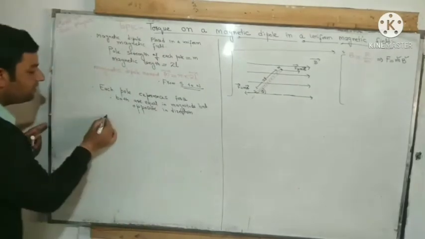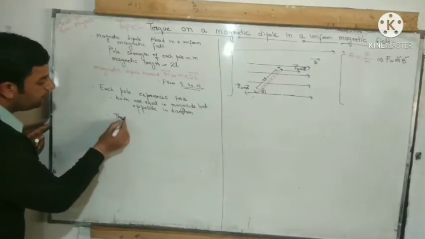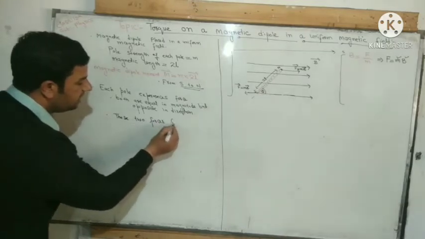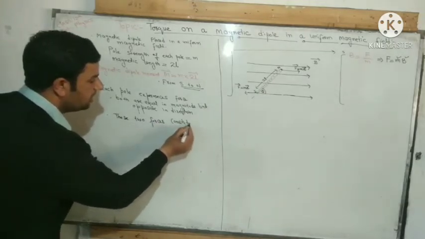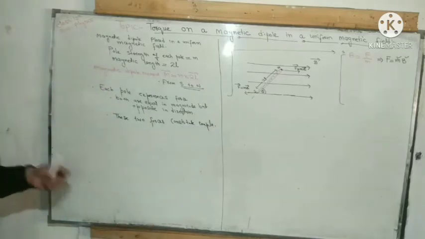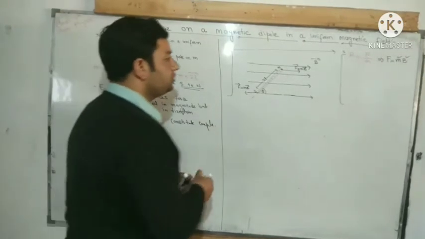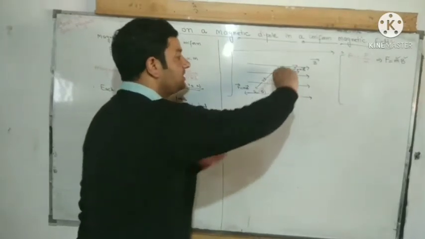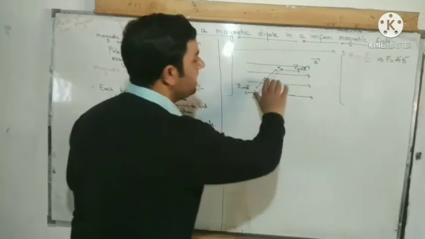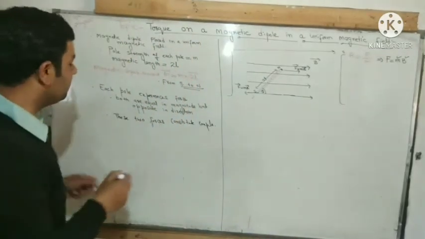These two forces constitute a couple. A couple is two equal and opposite forces. The dipole tries to rotate so as to align along the direction of the magnetic field.